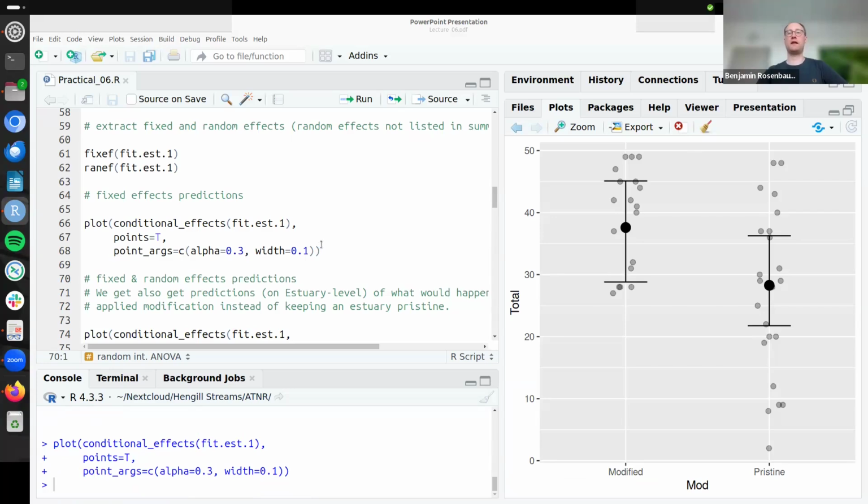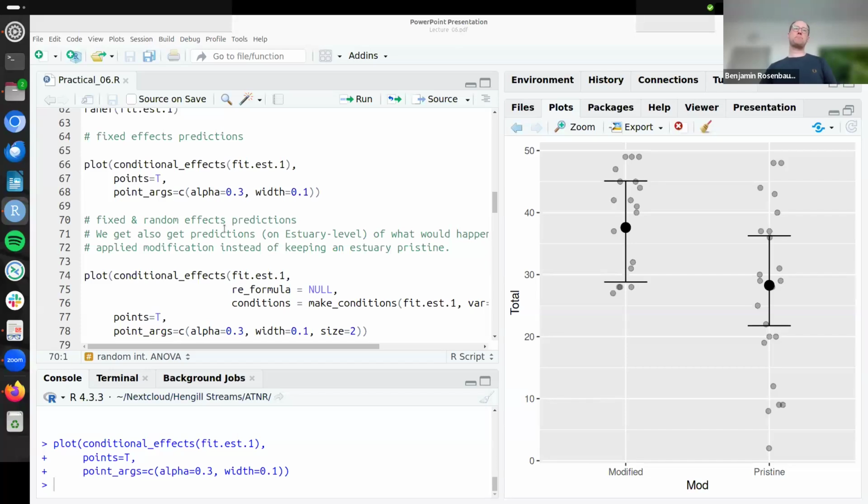It marginalizes or averages over all the levels of the estuaries, so estuaries isn't even displayed here. We just have predictions, the black ones, and the observations, the other ones, the dots here for this fixed effect predictor.